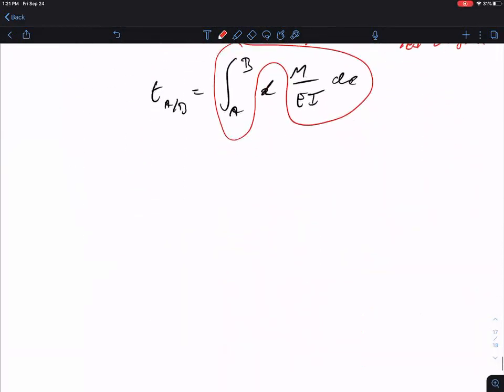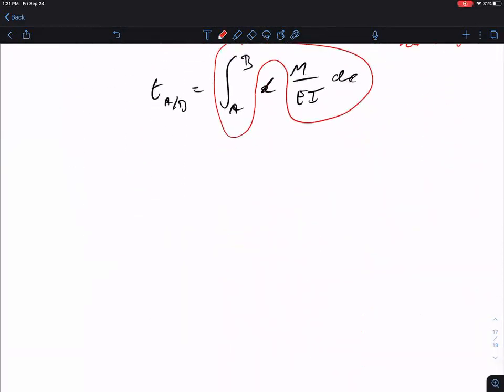Okay, we also know from statics that the centroid times this integral is also equal to the integral of x times dA.